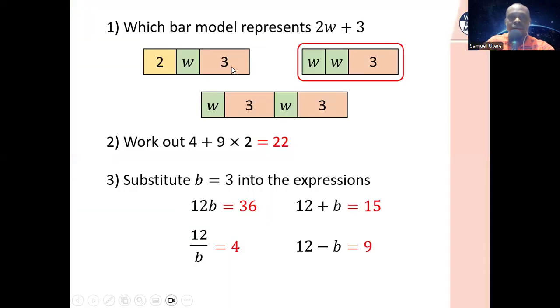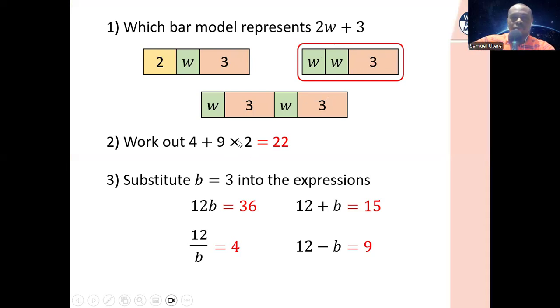So here you're asked, which bar model represents 2w plus 3? Remember, in the bar model, we add the bars. So a proper way to represent 2w plus 3 will be 2 bars each w and another bar that is 3.